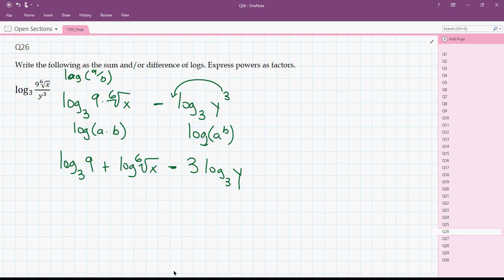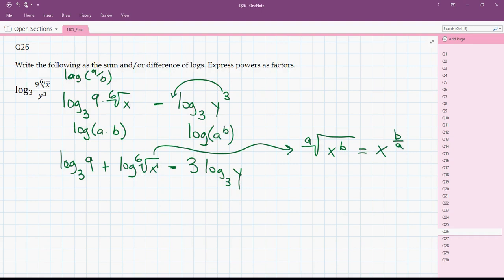And here, I'm not going to use a log rule specifically, but if you have something that says the a root of x to the b, you could rewrite that as x to the b over a. So in this case, there's no number here, but implicitly we can add a 1.